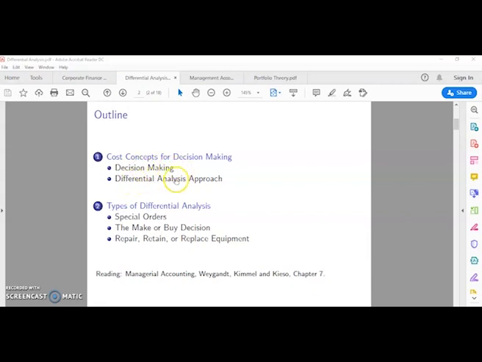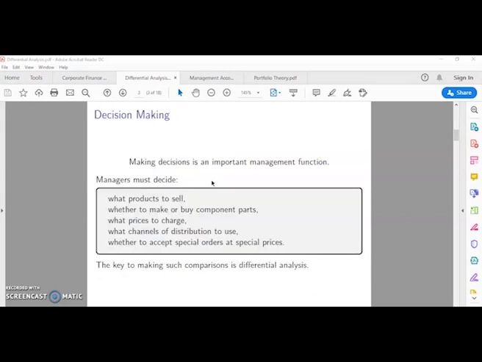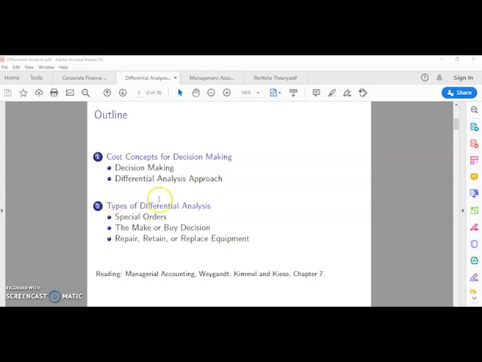the differential analysis approach in the companies. The second part is including the types of differential analysis, which we have three main items in this part. The first one is special orders, second one the make or buy decision, and the last one repair, retain, or replace equipment.